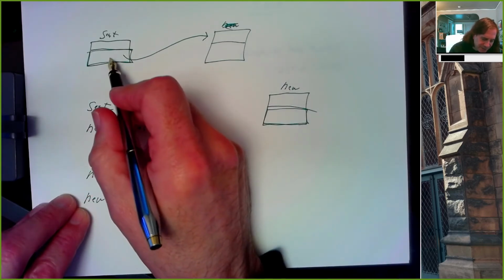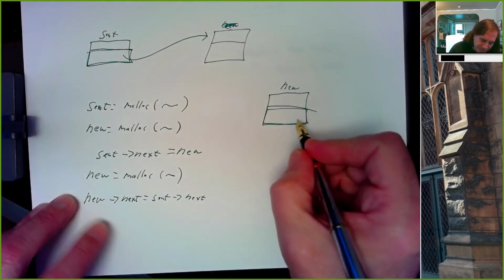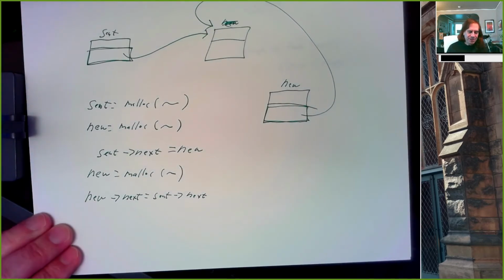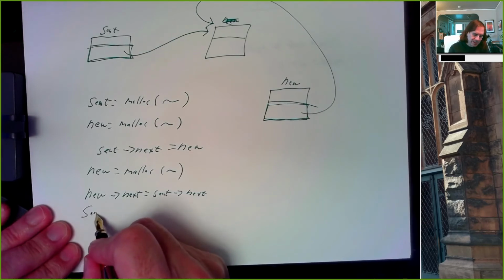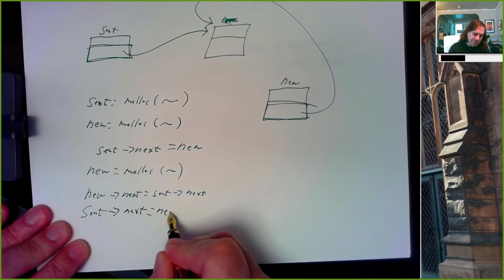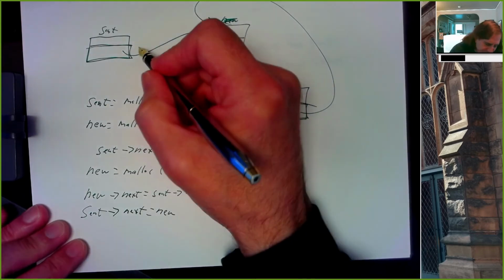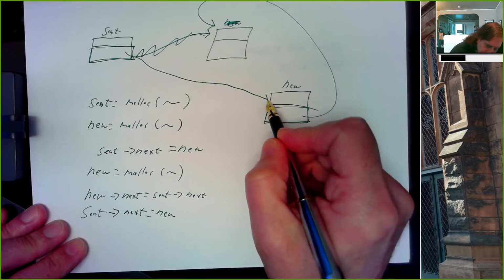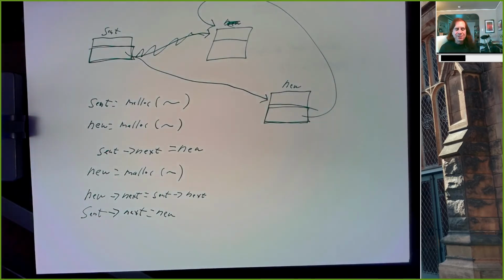The value that's here is the address of this block, so when I copy that, this block is pointing to that unnamed block. And then if I say Sentinel next equals new, that says let's take the next field of Sentinel and load the address of this block. I've got a list of 3 things pointing from one to the next.